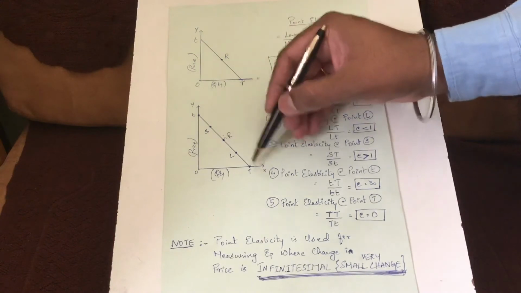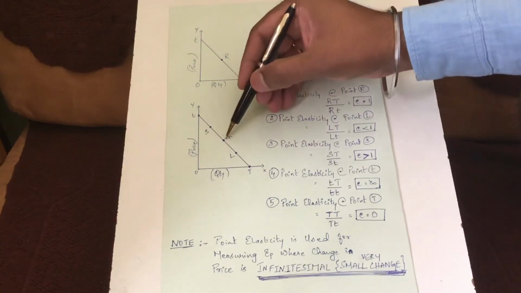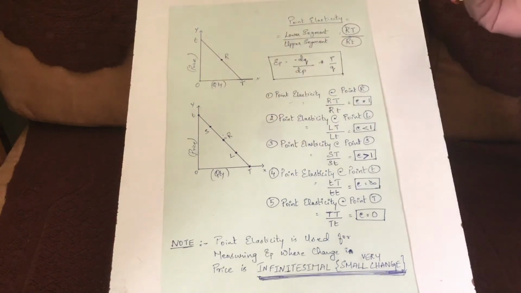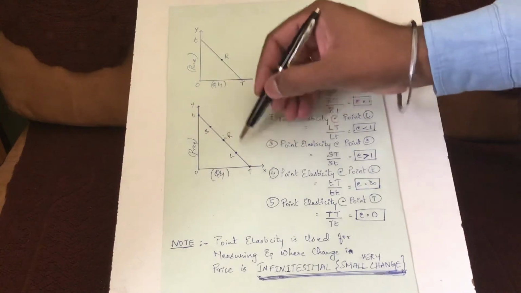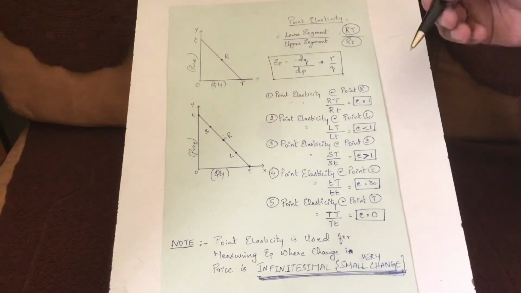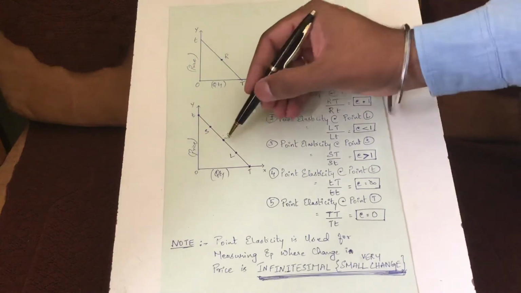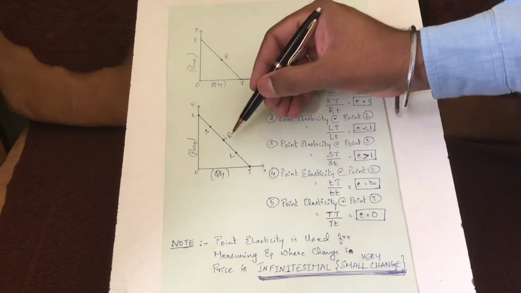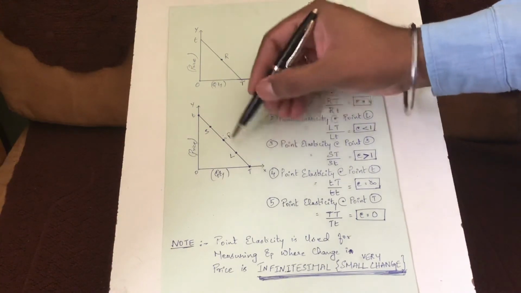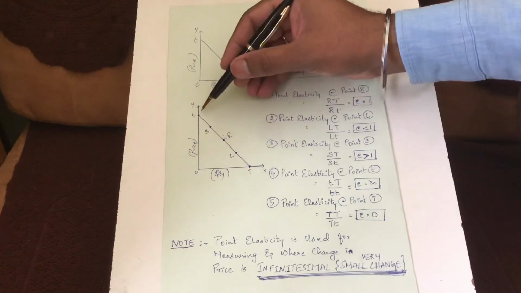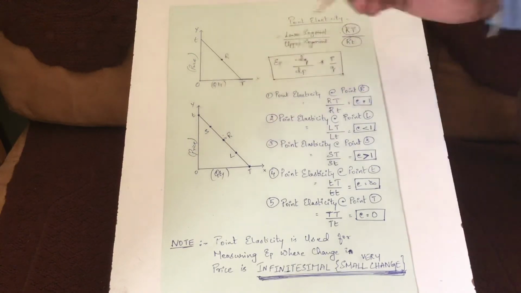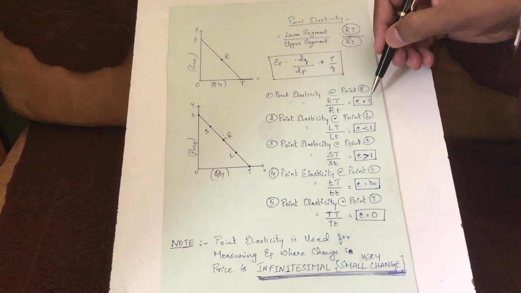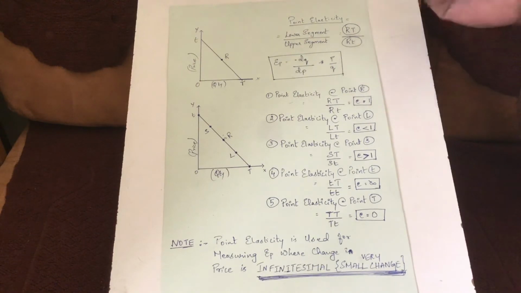Numerator lower base and denominator upper base, or lower segment divided by upper segment. So it looks like on the freehand diagram that R capital T divided by R small t will give me the same measurement, which means the elasticity is E equals 1.